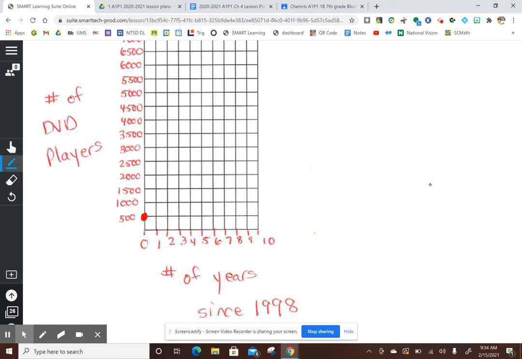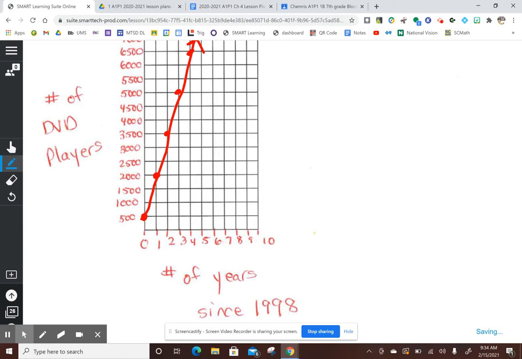When x is 1, y is 2,000. When x is 2, it's 3,500. When x is 3, it's 5,000. And 4 is 6,500. So when I graph this, that's what it looks like.